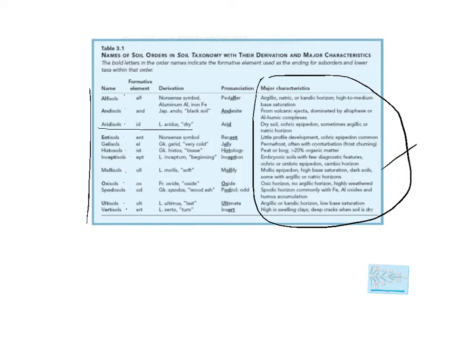Okay, mollisol has a deep and dark upper horizon. Sometimes it has what we call argillic, which means it has an increase in clay. Typically we find mollisols under grassland conditions. So pay attention to the descriptions of each one of these. This helps us give names to particular soils.